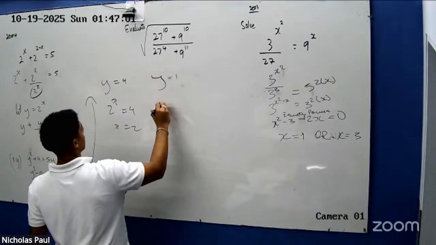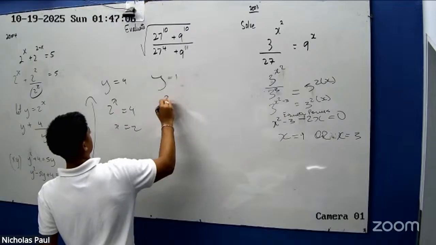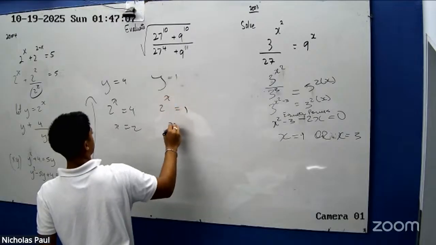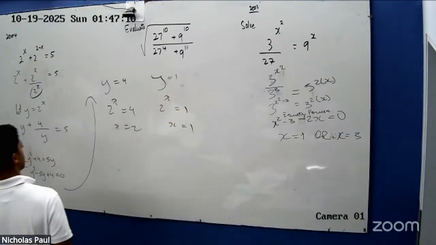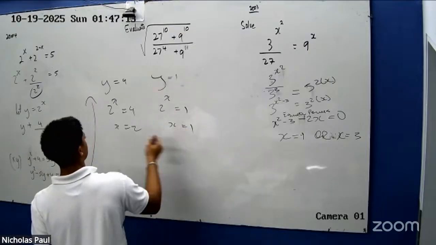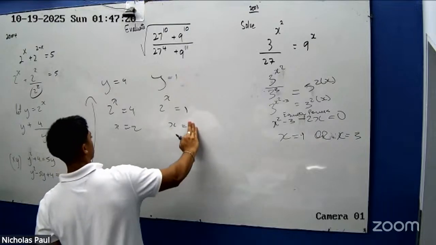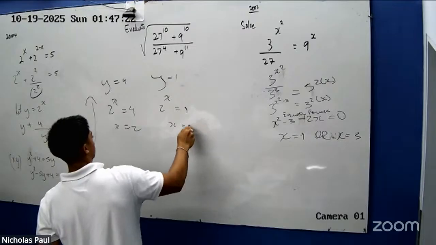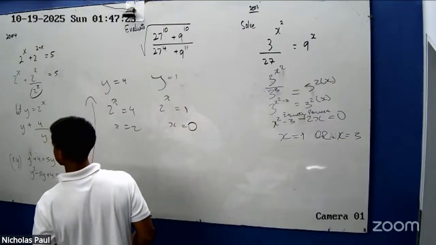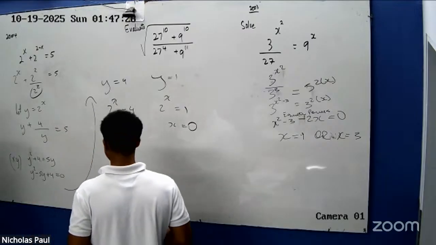And then 2 to the x is... Wait, this swap. What did I do wrong? I don't know.